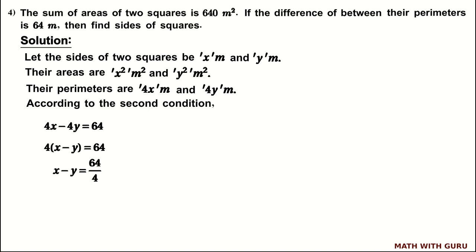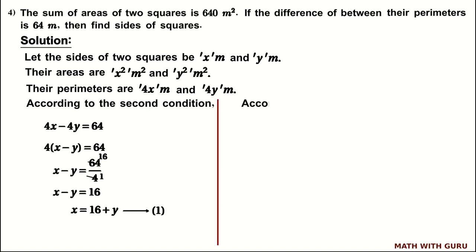Or you can divide the entire equation 4x minus 4y equals 64 by 4, and you will get the same result. 4 16s are 64, and 4 1s are 4. X minus y equals 16, or x equals 16 plus y. Take this as equation 1.